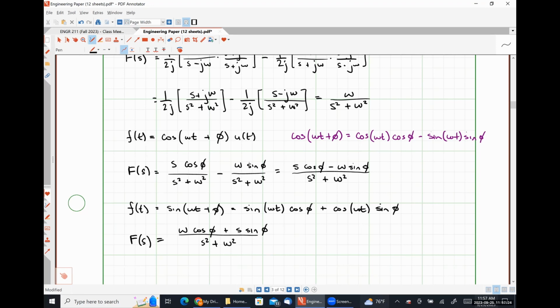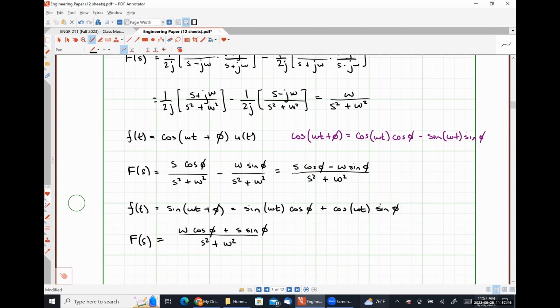Then once we get the rules down and get used to dealing with these as mathematical constructs, we are going to specifically apply them to circuits. So what we've been doing here is just finding a Laplace transform for generic functions of time.